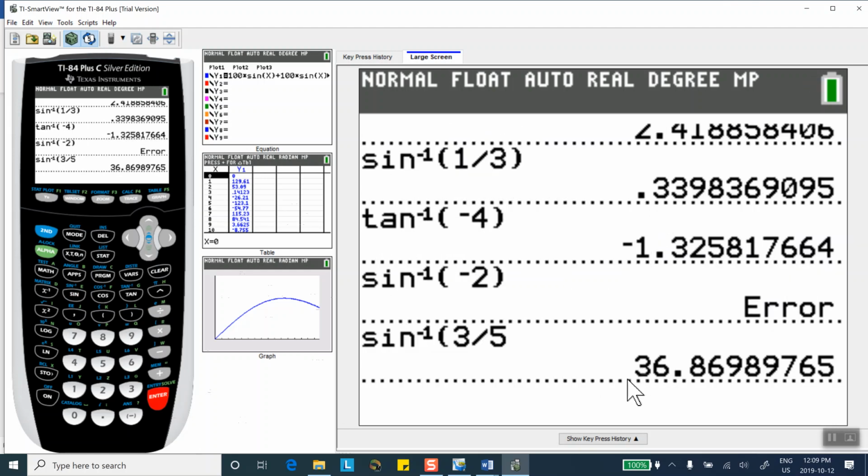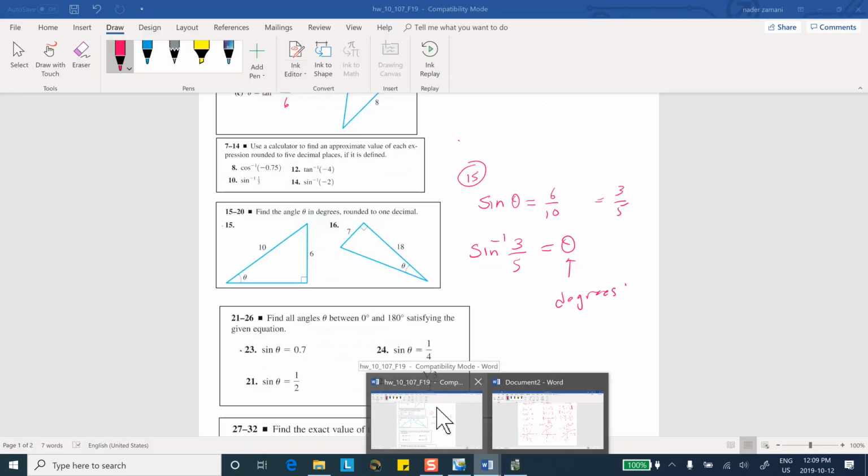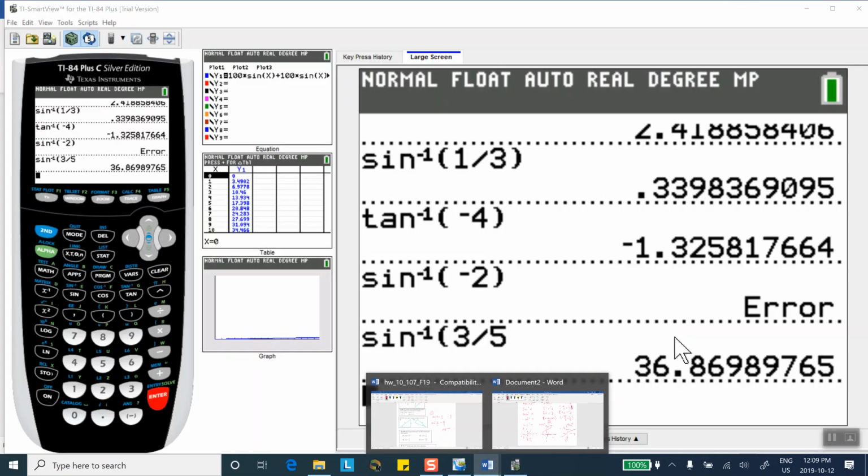So 36 degrees, 0.8, blah, blah, blah. And then it says, of course, rounded to 1 decimal point. Okay, so that means 36.9. 1 decimal point means keep 1 digit. That means keep the 8, except that the one next to it is a 6, bigger than 5.